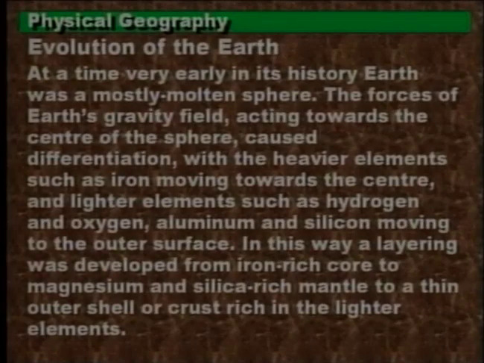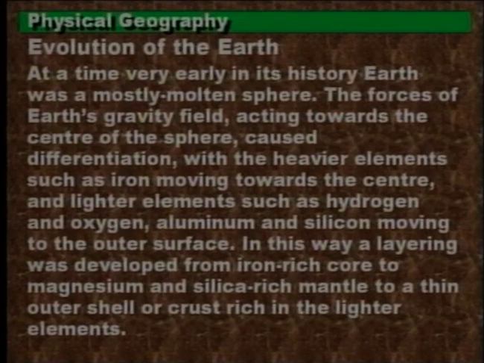And that information further talks about the evolution of the Earth. And here it says, at a time very early in its history, that is the Earth's history, the Earth was mostly a molten sphere.